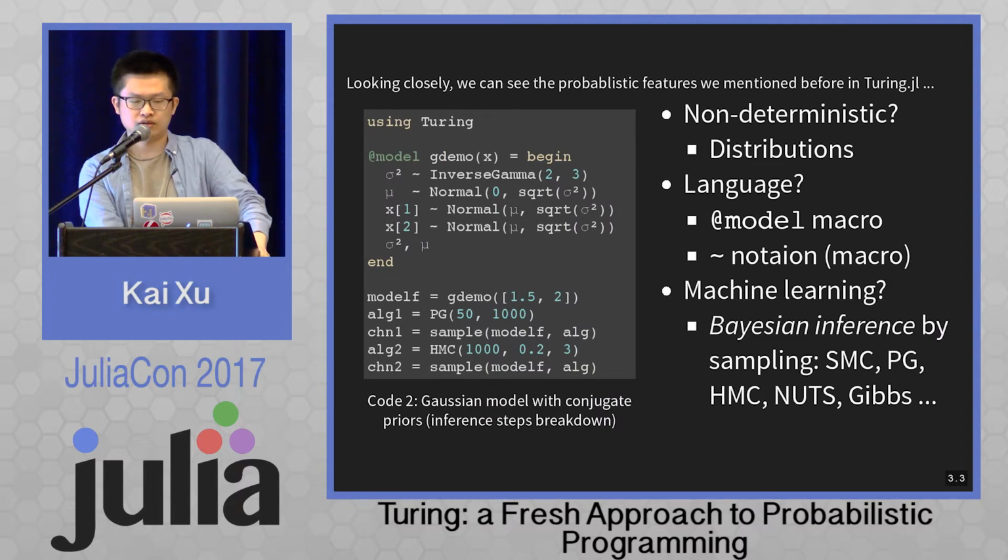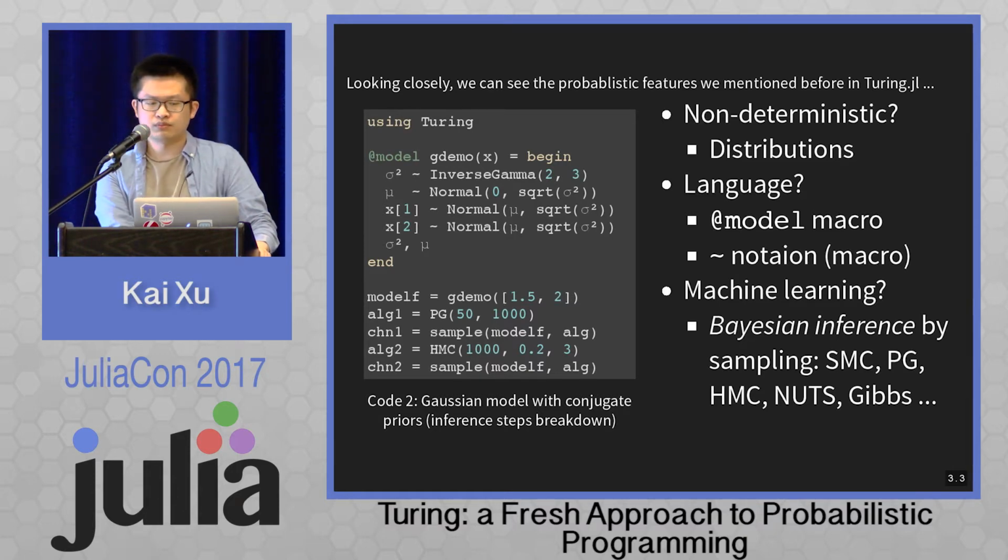Okay, let's look a bit closer at this piece of code. I mentioned probabilistic programming is about non-determinism. Where the non-deterministic thing happens is in these distributions in the model. You can see there are inverse gamma distributions and a normal distribution.